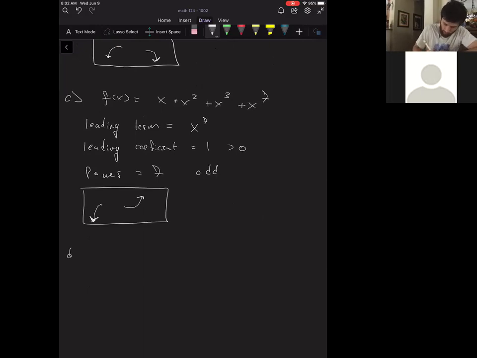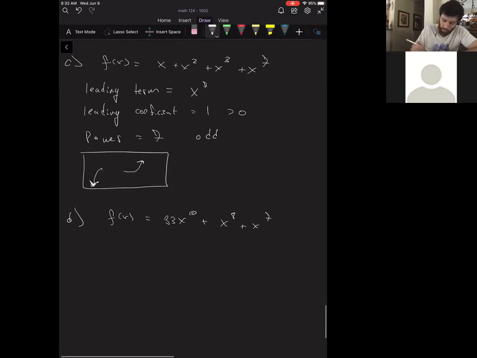And then the last possible example we could have is f of x is equal to 33x to the 10 plus x to the 8 plus x to the 7. So for this one, our leading term is 33x to the 10, because x to the 10 is the biggest exponent. Our leading coefficient is 33, which is positive.